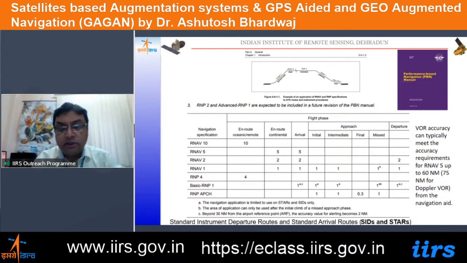So the SBAS systems are able to provide much better accuracies. If we talk about the VOR systems, then they can provide an accuracy of 75 nautical miles using the Doppler VORs, or 60 nautical miles otherwise.